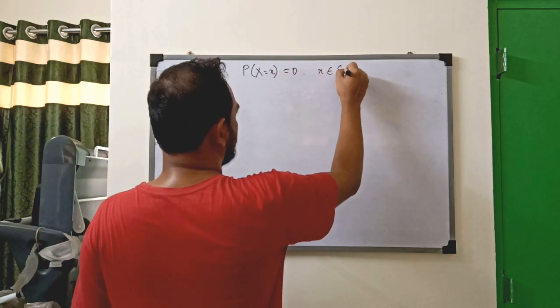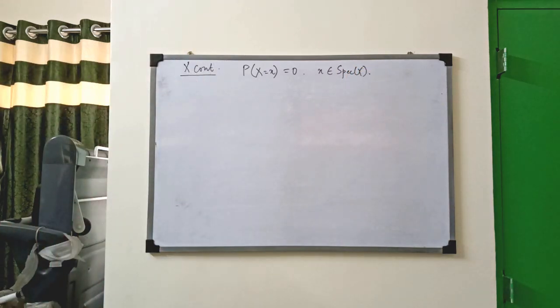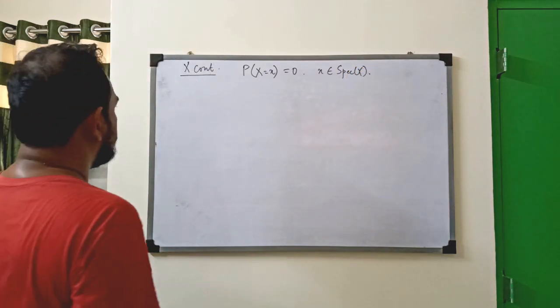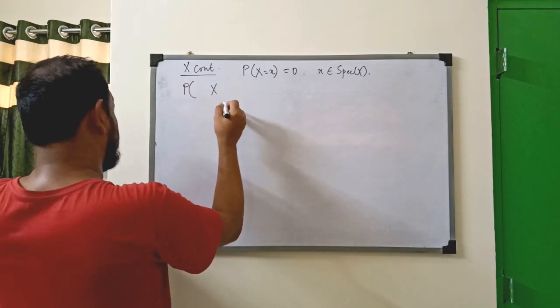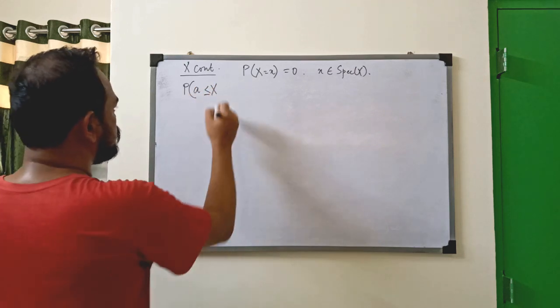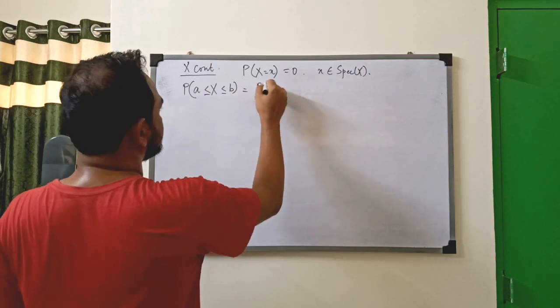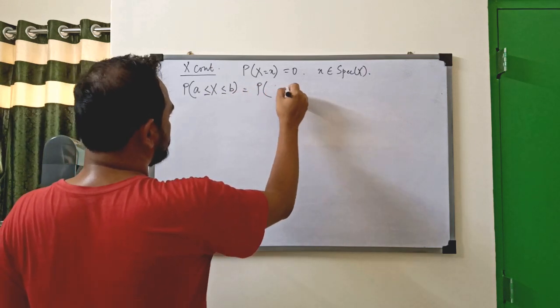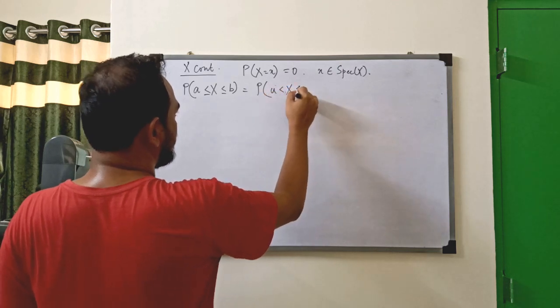This is a very special point. In this case, the question is, if I ask you to find the probability that x is between a and b, including a and b, that really would be the same as the probability a less than x less than or equal to b.